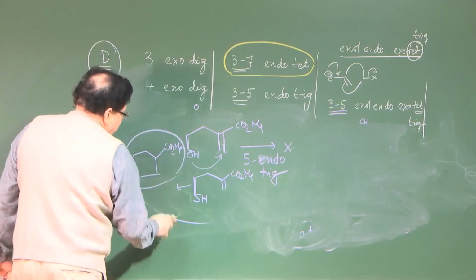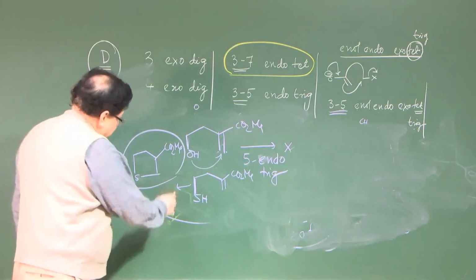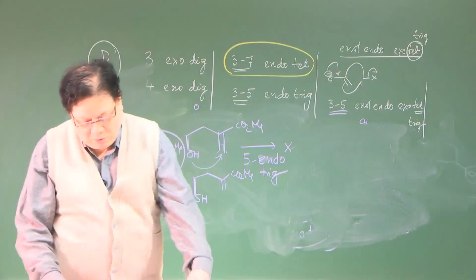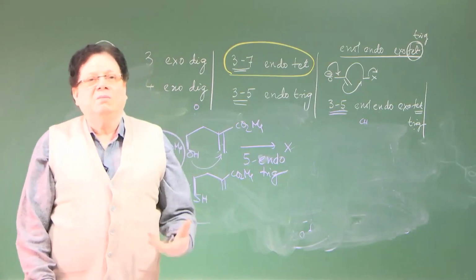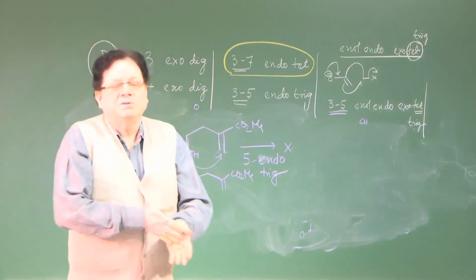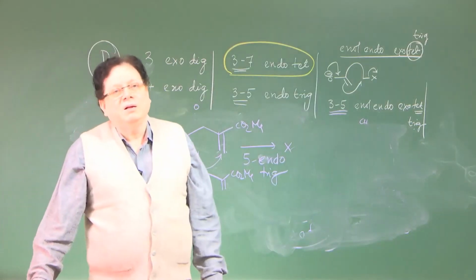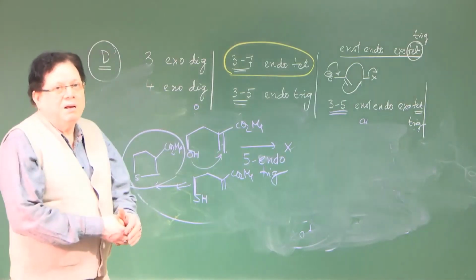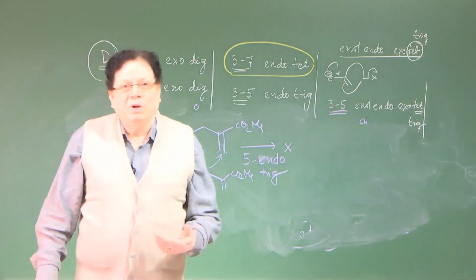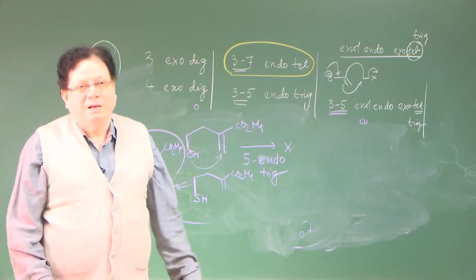So, if somebody asks whether a 5 endo trig process is possible at all, you will say that yes, it is possible if you have a longer bond length involving the nucleophile attached to the carbon, and that happens when you go beyond the second row of elements in the periodic table, like in the case of sulfur.